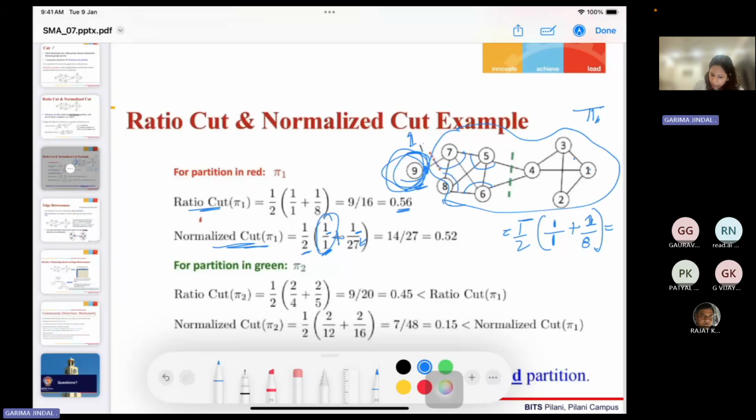Then we have these 3 degree. 23 plus 4 is 27. So that is why we have 27 in the denominator. So this is the normalized cut, and this is the ratio cut for this particular partition.